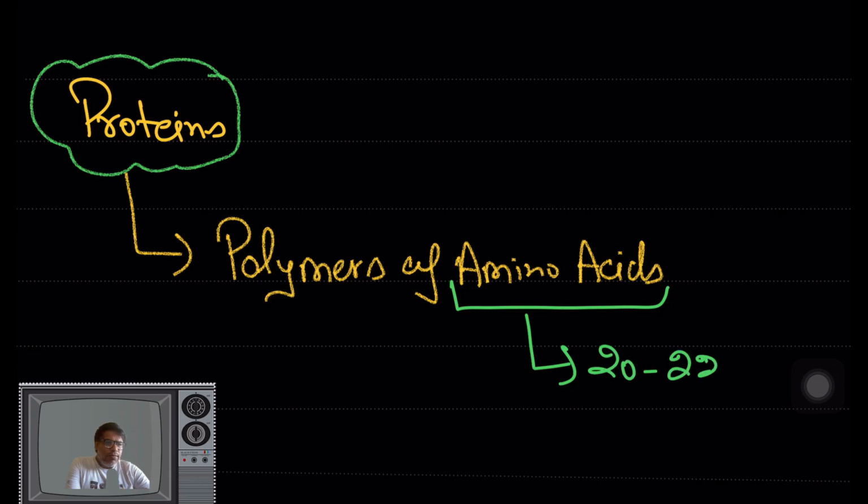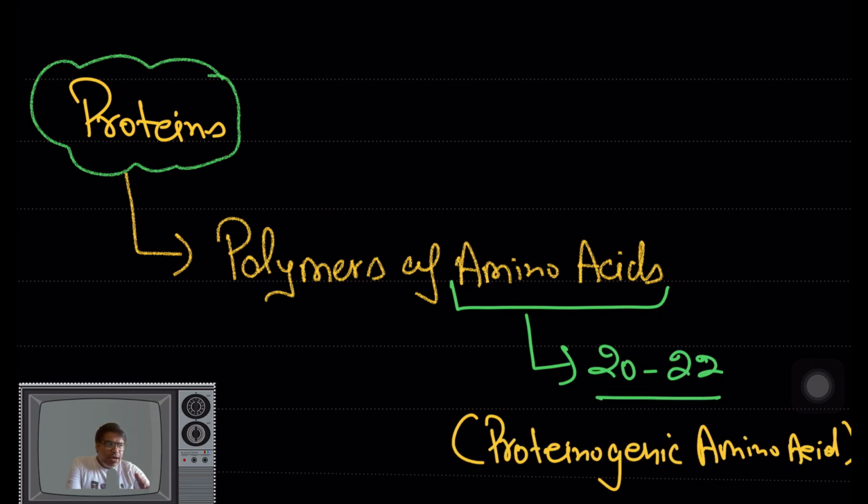Proteins are polymers of amino acids, and you must be knowing there are 20, or you can say 22, proteinogenic amino acids. Remember, proteinogenic amino acids are amino acids which are present only within the proteins.